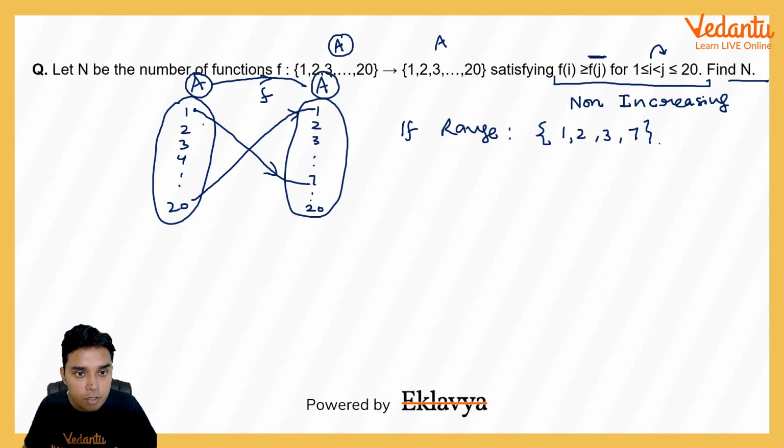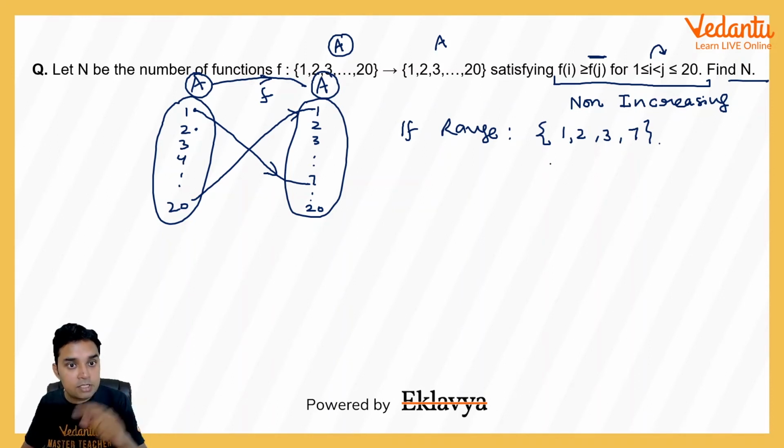Like if we have to connect 2, we can connect 2 with 7 also, or we can connect 2 with a smaller element also, and smaller than 7 is 3 here. So for 2, after this connection, we have two choices. Either 2 can be connected with 7 or 2 can be connected with 3.